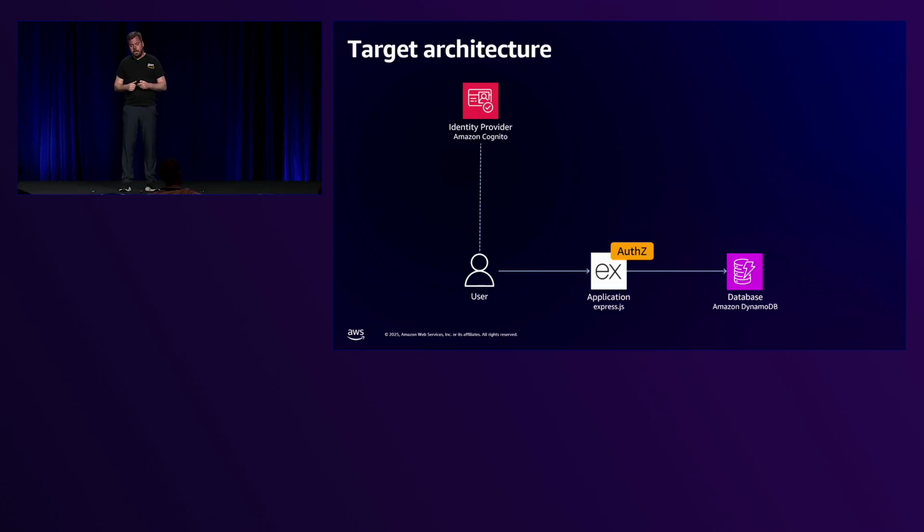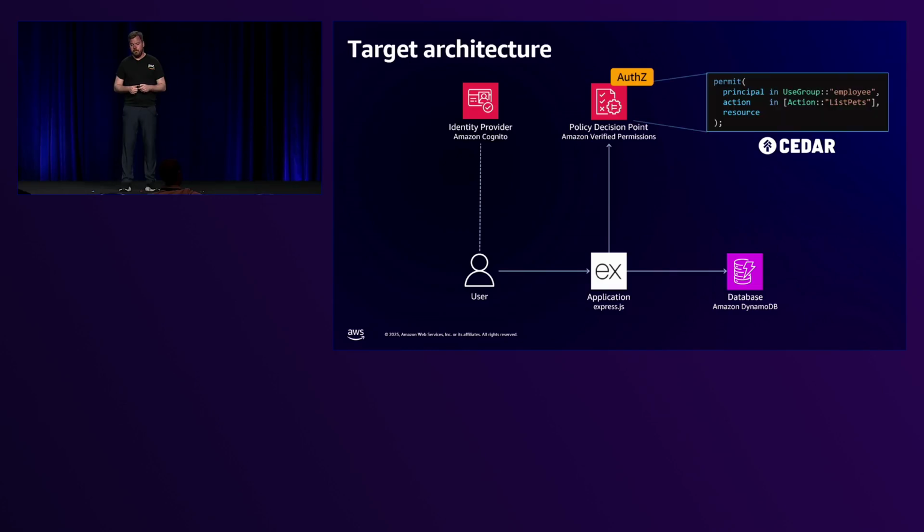So what we're trying to do here is to add AVP in a very efficient way into your development lifecycle and move this authorization logic up into the policy decision point, that is AVP, thereby reducing the complexities and the signal-to-noise ratio that some developers find challenging as your application logic becomes more complex.